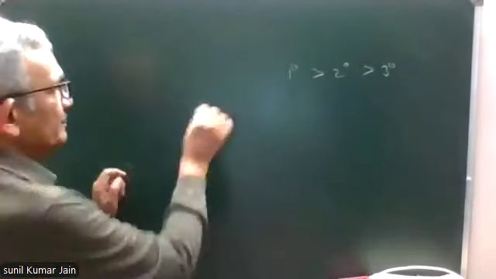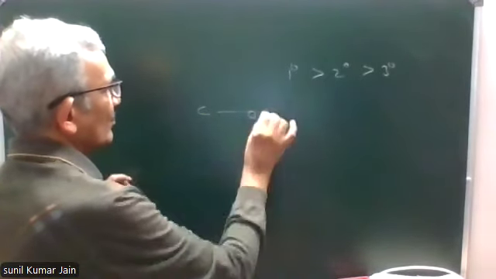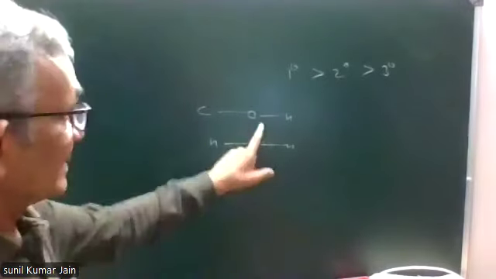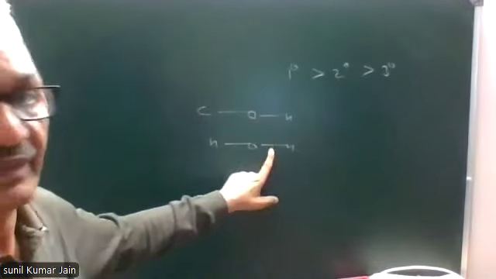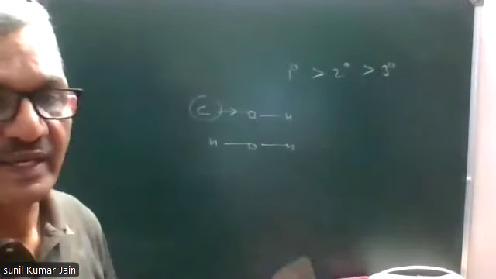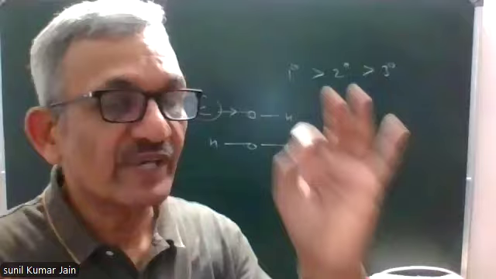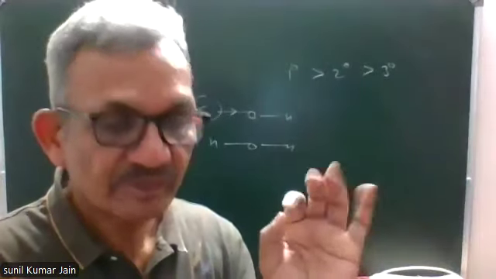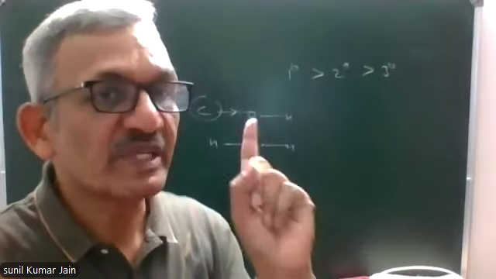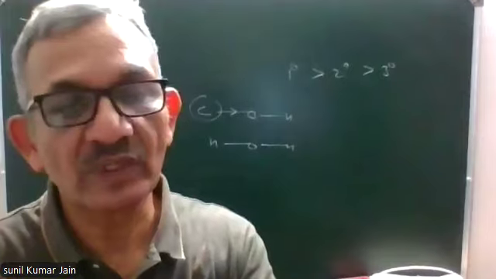Now look here. This is alcohol and this is water. In alcohol, this has plus I effect, the alkyl chain. But there is no plus I effect in case of water. It means if we apply the same concept of plus I effect, water will be a stronger acid compared to any alcohol.